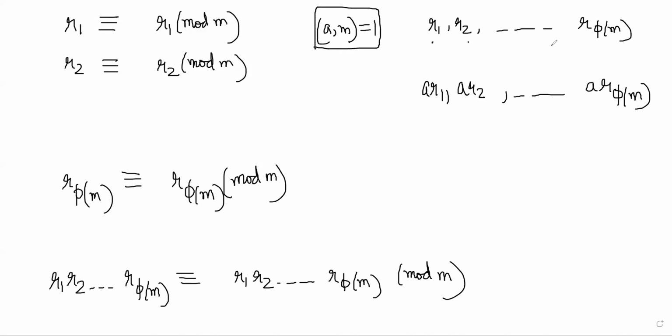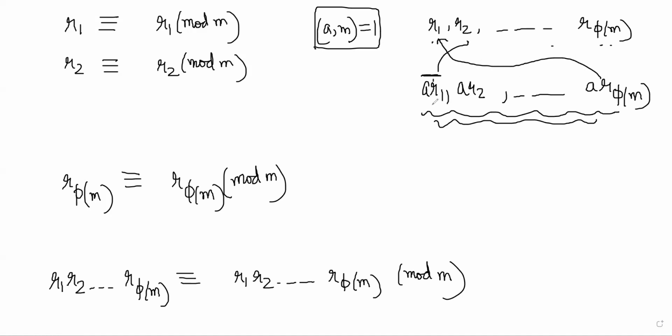So the product of these residues is the same residues that appear here, since both are the same reduced residue system mod M. It's just that the order could be changed. AR1 could correspond to this and AR phi M could correspond to this, but these are the same residues and part of the same reduced residue system, right?